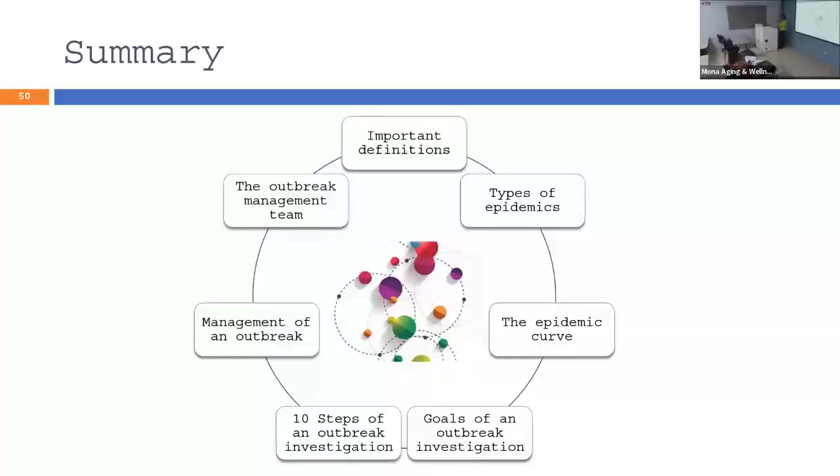We break the chains of transmission and prevent the susceptible from getting infected. And we talked about the 10 steps of an outbreak investigation. I want to just put up that slide. Well, I'll let that be the last thing we go back to, so it will be fresh in your mind.